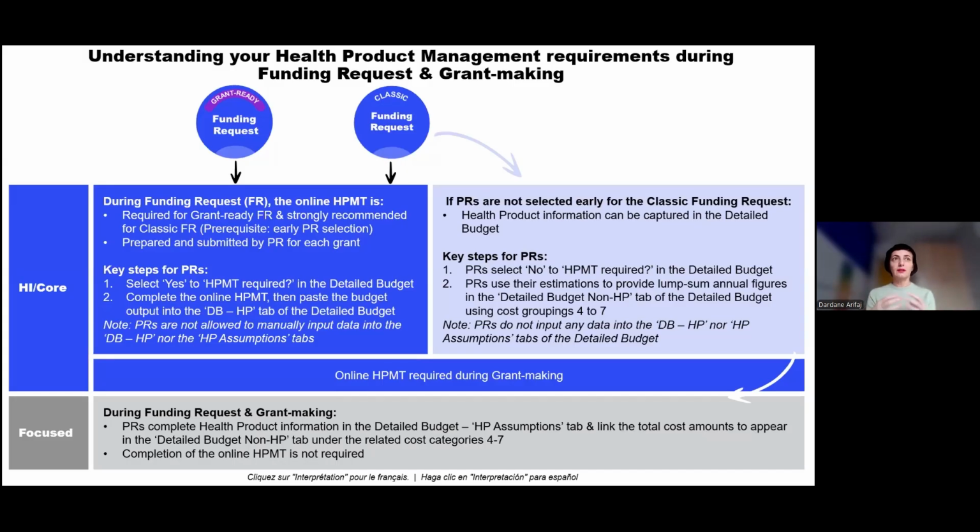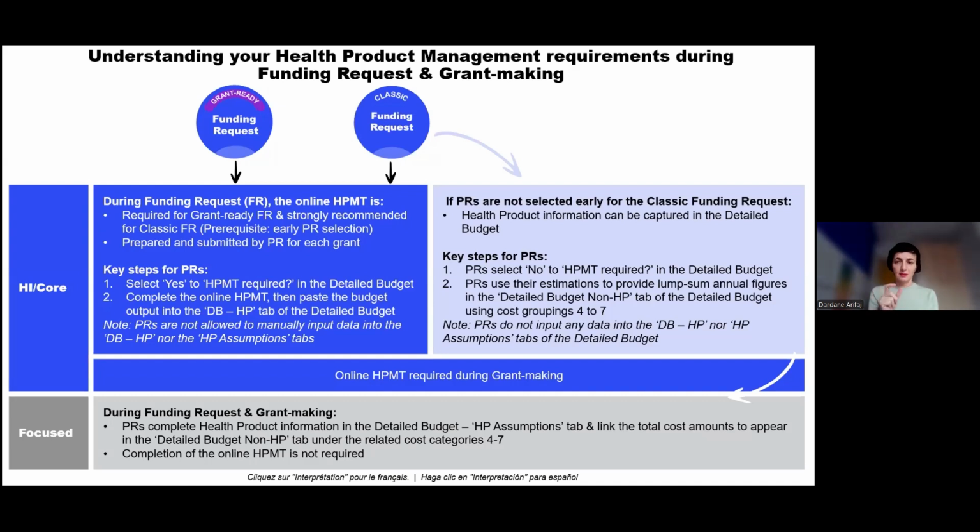So if you don't have that because you haven't filled the HPMT yet in GOS, you shouldn't be clicking yes for HPMT requested in the detailed budget.